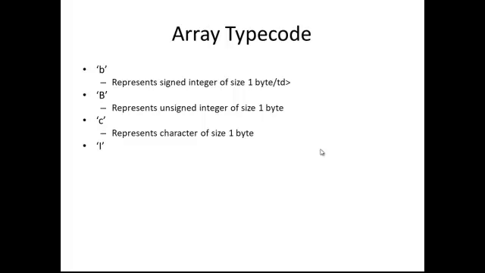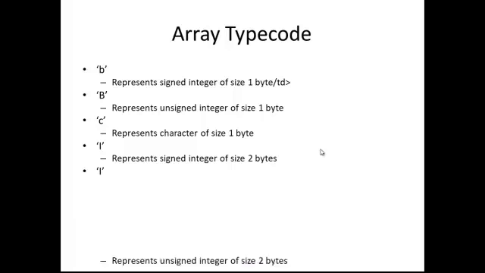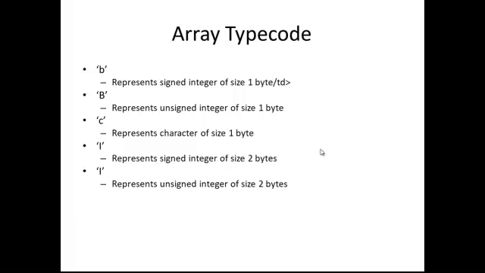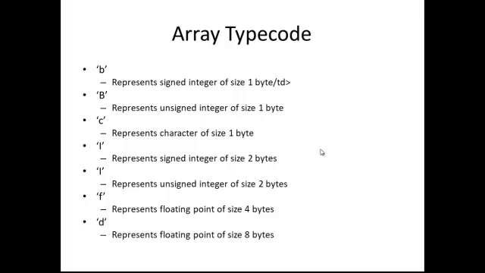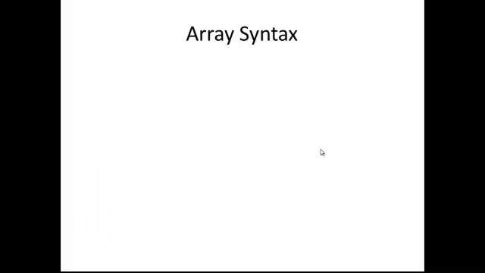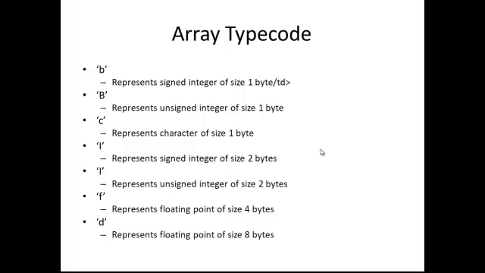Capital I represents an integer of size 2 bytes, and small i again a signed integer of 2 bytes. Floating values are handled by f, and a floating point of double type is used by d.